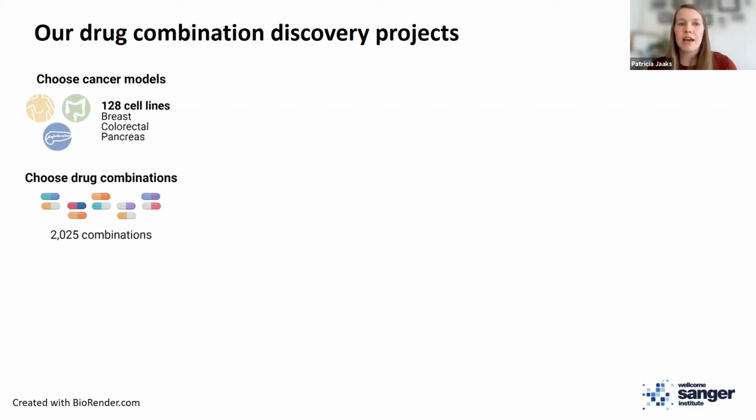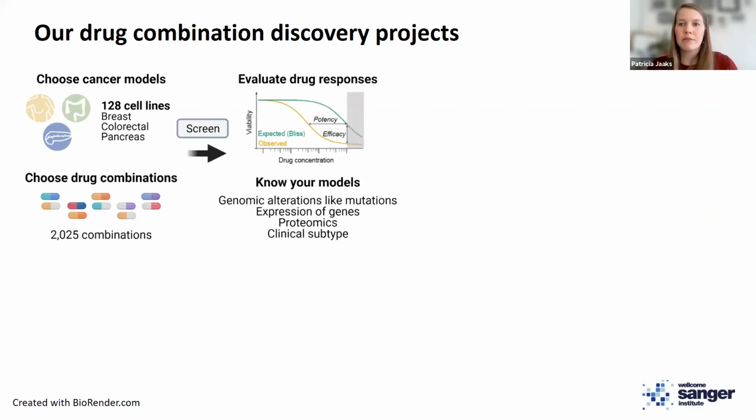For other tissues, we have very few available, but for those 3, we have a good amount for each of them. Then we chose our drug combinations, which in this case was over 2,000 in total. What we do is we chuck all those drugs onto the cancer models, and we evaluate how alive the cells are after 72 hours.